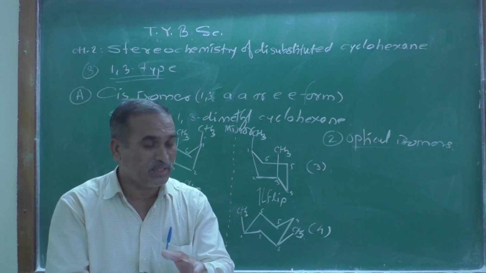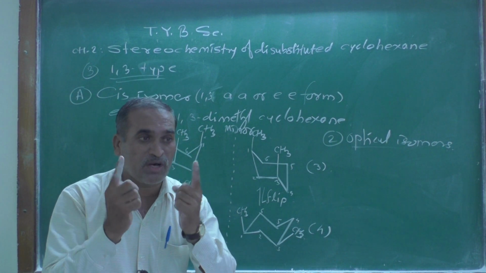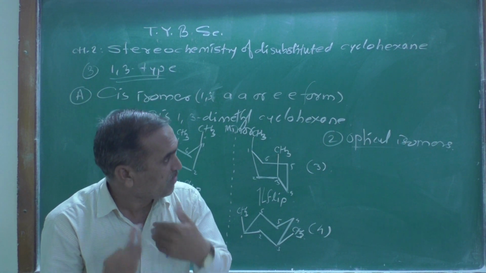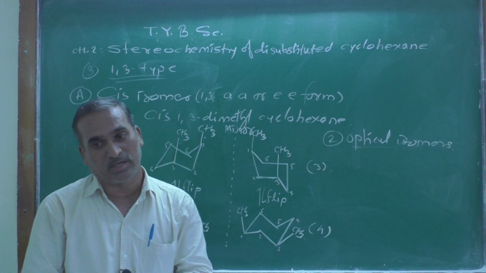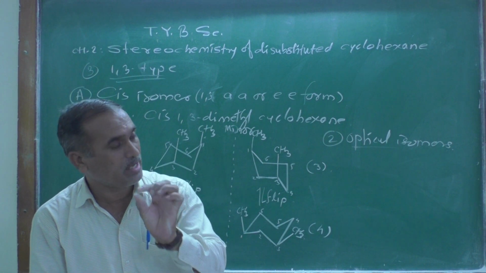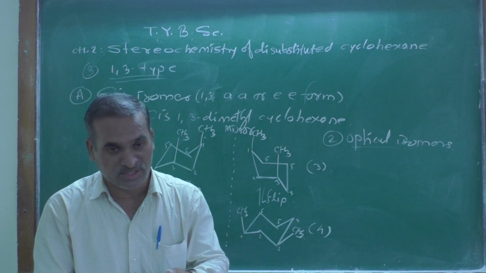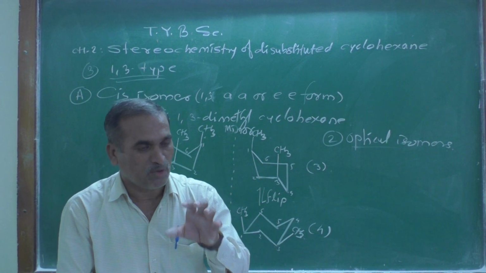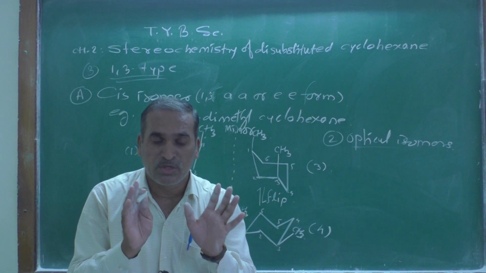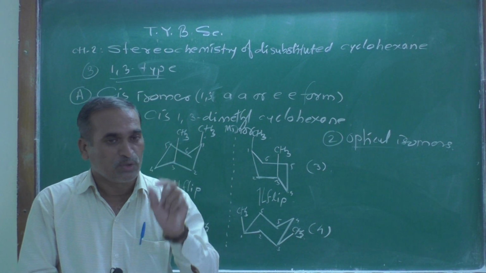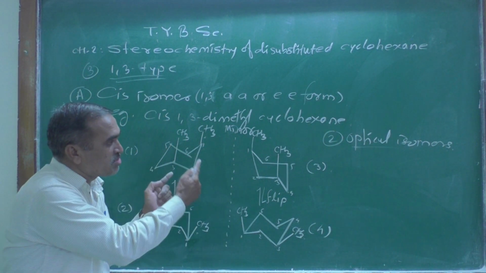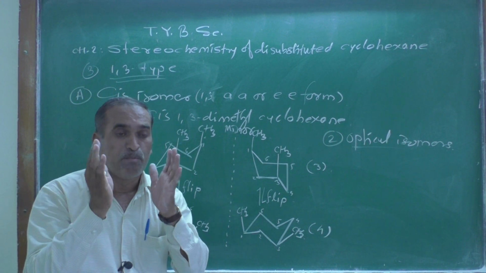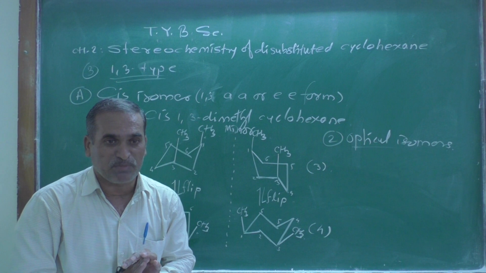For determining or recognizing the optical isomer, I have already explained this concept again and again. What is that? You have to look at the model, observe this structure carefully, and find out whether any mirror plane of symmetry is present.